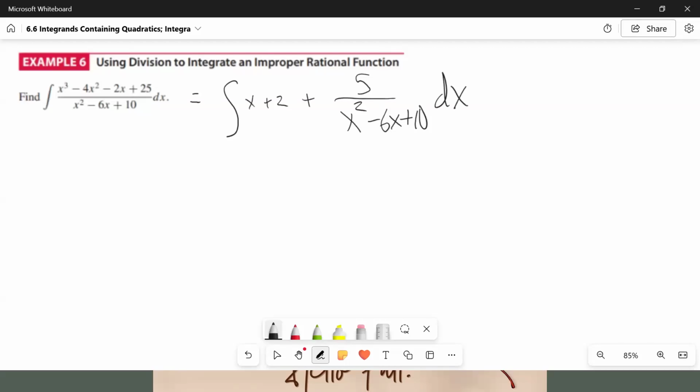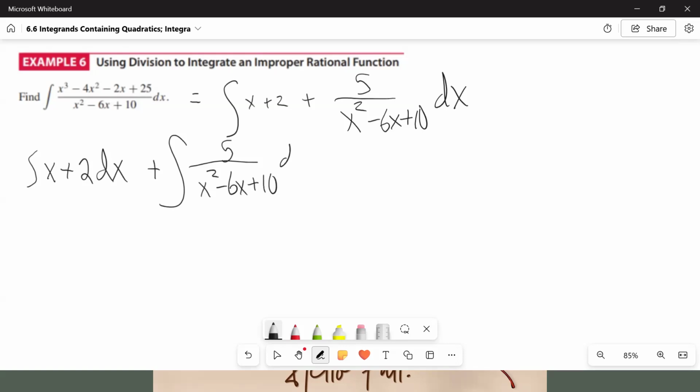dx. Okay, now that first part, the x plus 2, we can easily integrate. So I'm going to pull that off to the side as the integral of x plus 2 dx plus the integral of 5 over x squared minus 6x plus 10. Now, for x squared minus 6x plus 10, we would need to complete the square on that.